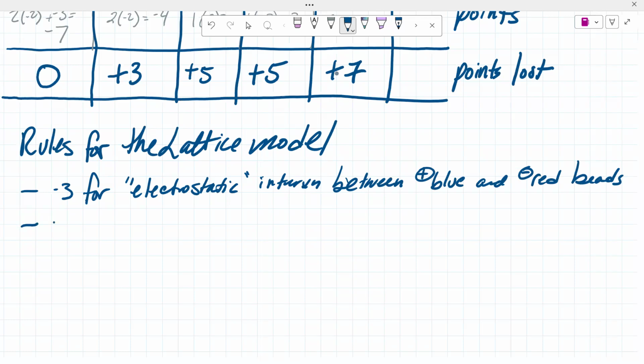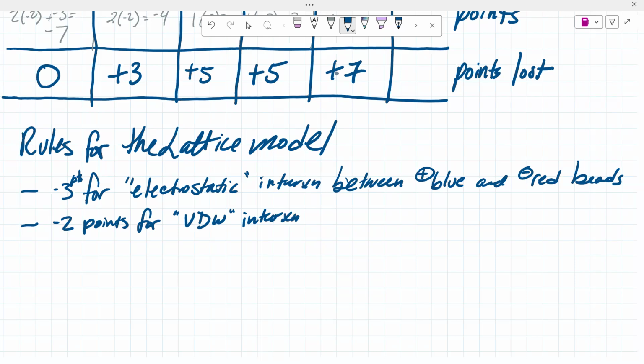So I'm gonna do -2 points. This is also points for van der Waals like interaction.